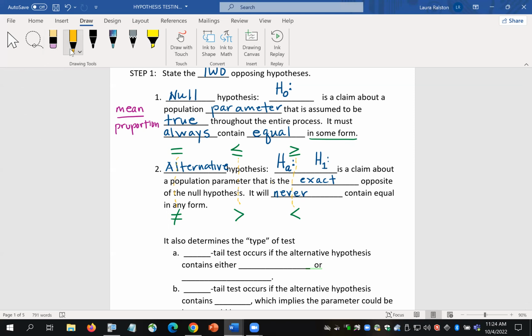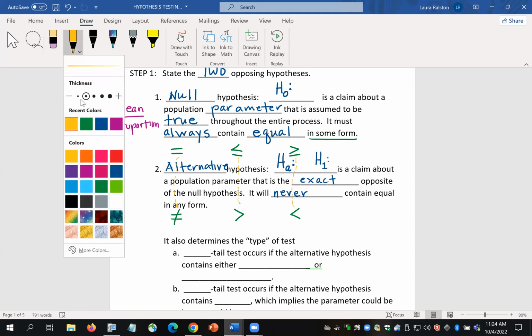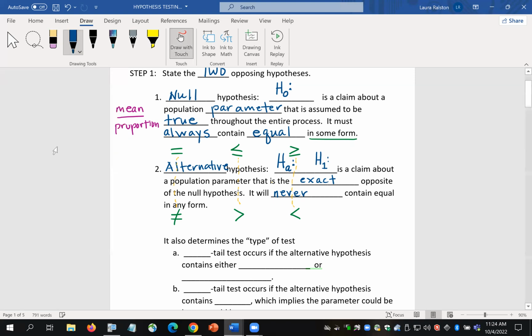The other piece that I want to point out here, and I made it in the statement, but I want you to make sure that you understand what I'm saying, is that you've got these two hypotheses. Thinking about it in the context of the court case, in the United States, we assume that a person is innocent until proven guilty.